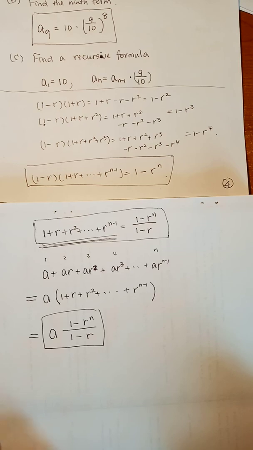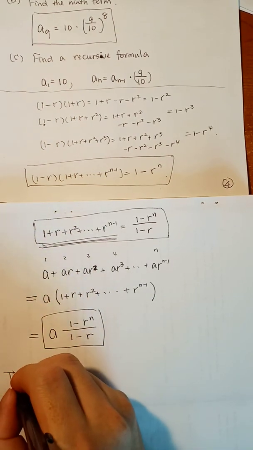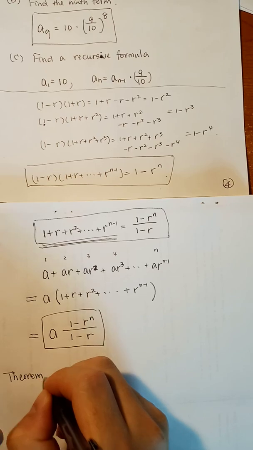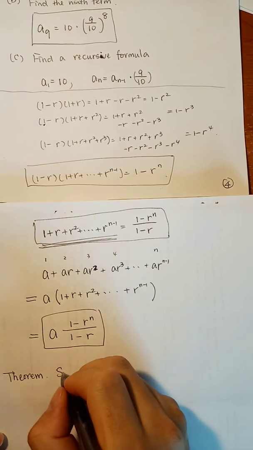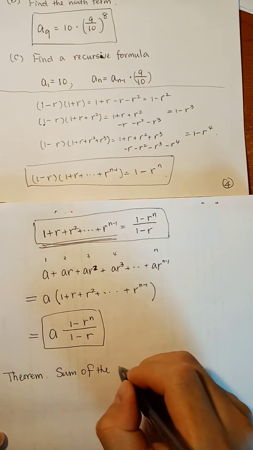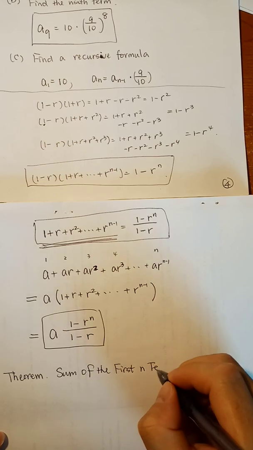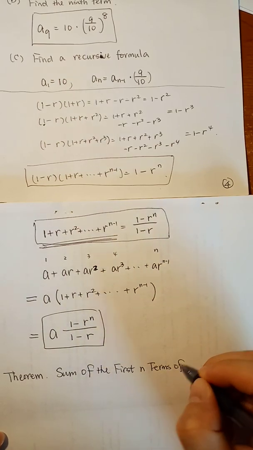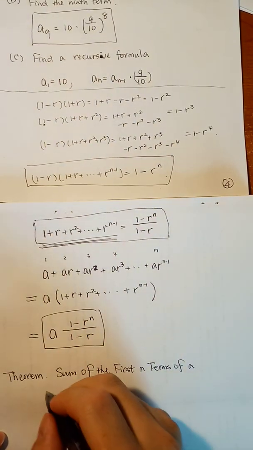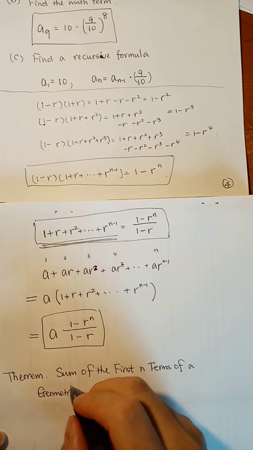The sum of the first n terms of a geometric sequence. Okay, so theorem. The sum of the first n terms of a geometric sequence.